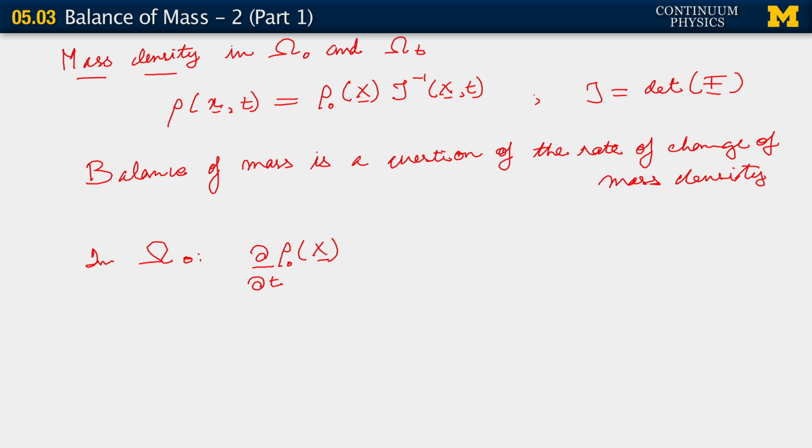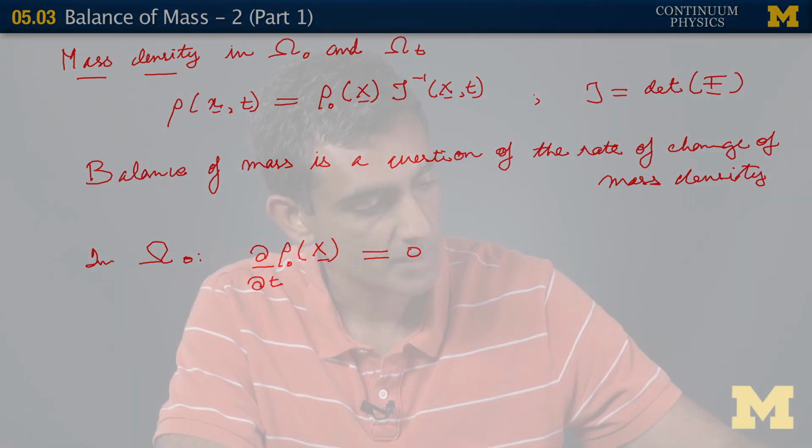This is actually a trivial question, because really we are asking, what is the time rate of an object that has no time dependence? So obviously this is 0. Pretty obvious. It may seem a little trivial, but it's not really that trivial.